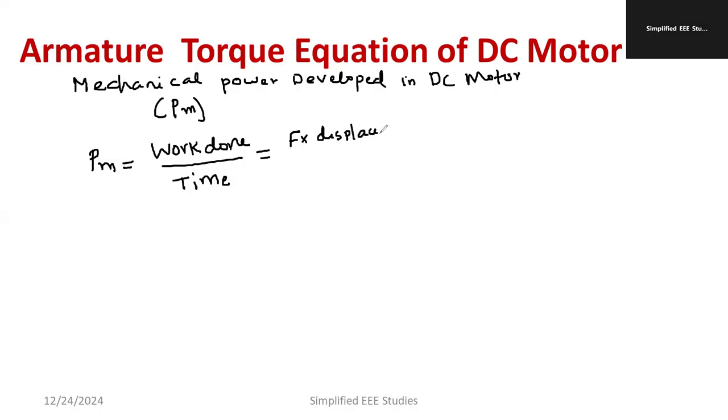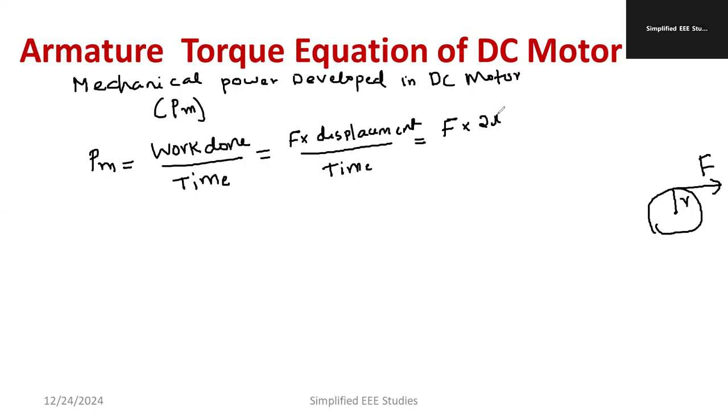If it is a linear motion, we consider displacement. But in circular motion, the armature has a circular shape, so the force acts radially outward. This is the radius of the armature. We write the total displacement as the perimeter. What is the perimeter of the circle?